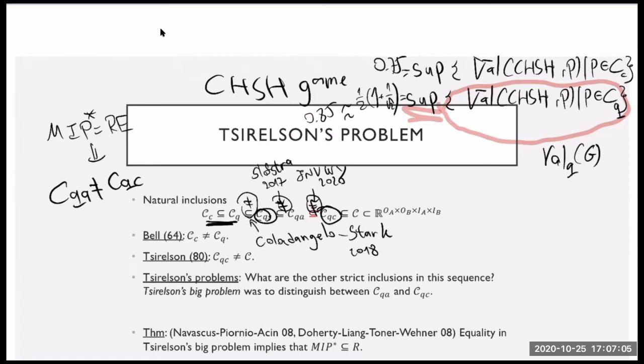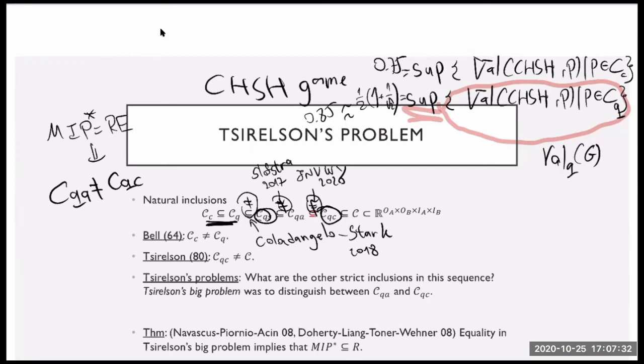We said that approximating this number in the finite dimensional case is in RE. So distinguishing between the case where this value is larger than 2/3 or smaller than 1/3. Sorry, Michael, is it in RE or is it complete for RE?